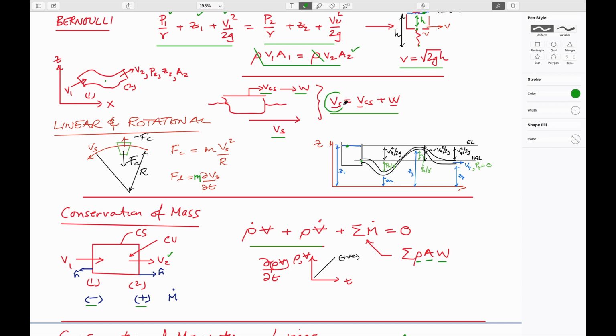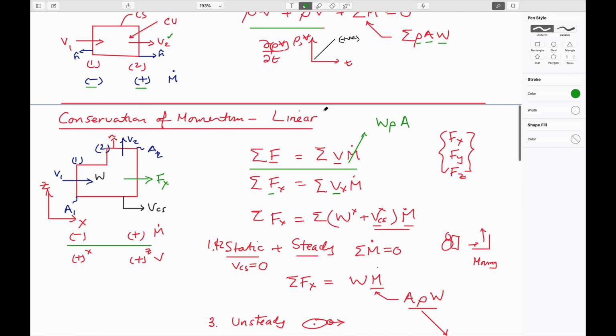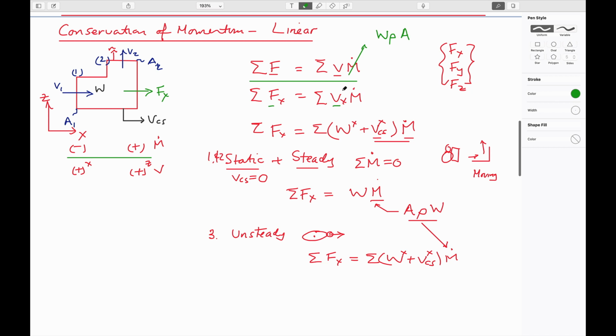This is the static velocity here. And so when we define this velocity here, we can also define it as relative to the boundary velocity and the velocity of the control surface.